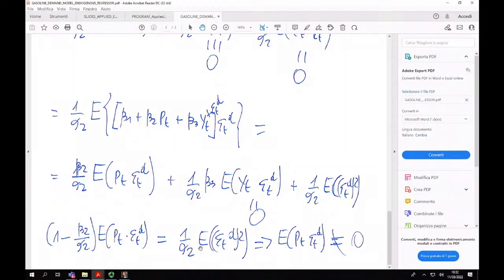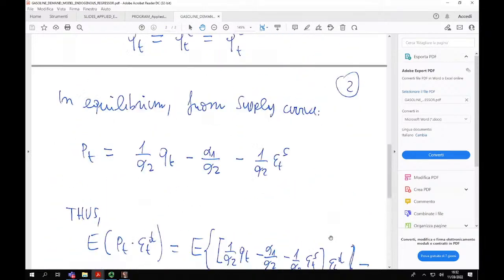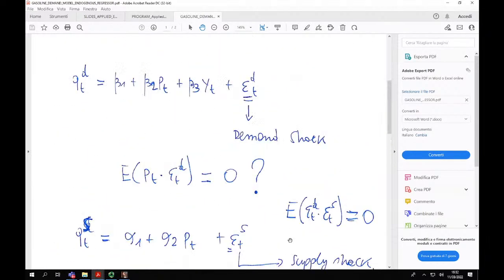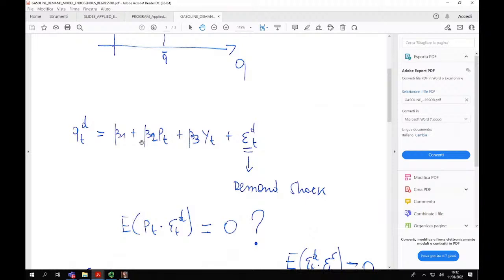But at the end of the day, you realize that we have a non-zero number. This correlation is different from zero. So the implication is that the estimated beta 2 parameter, which is the elasticity of demand to the price, is not consistent.